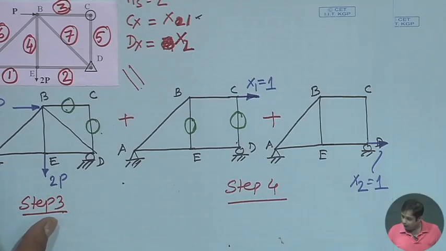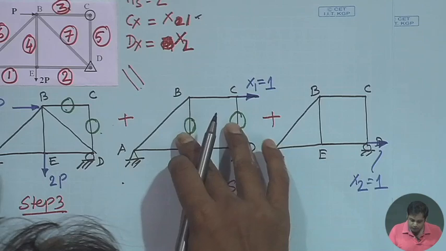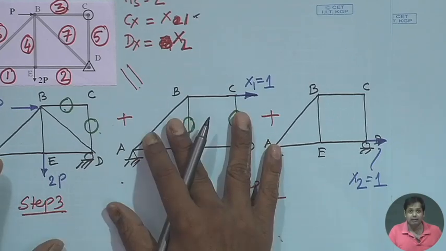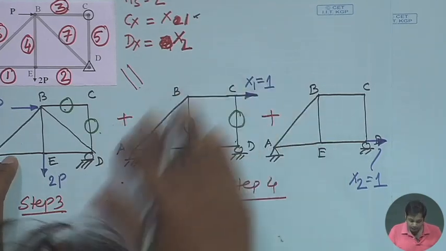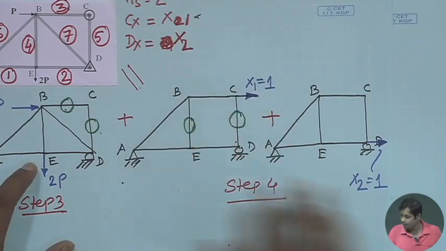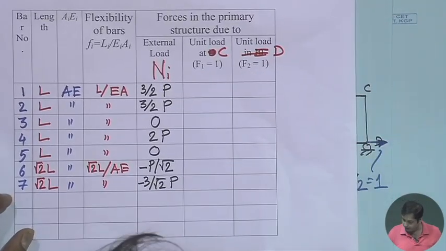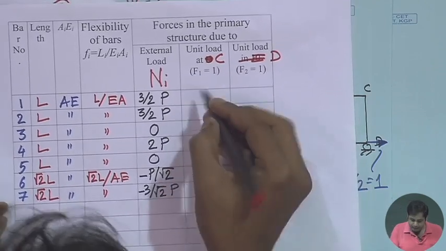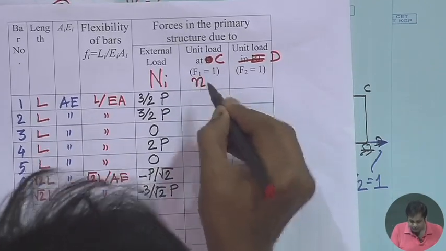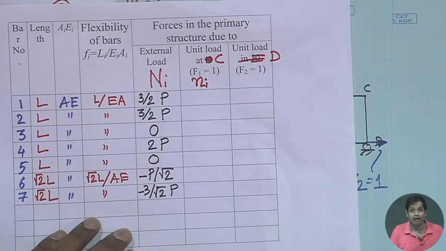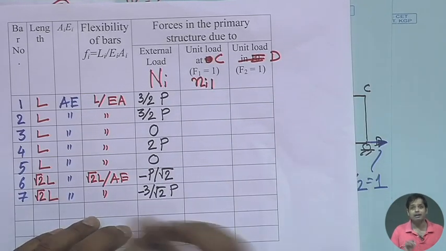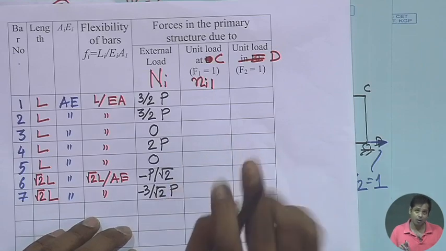Okay. Now, once we know these are zero force members and it is a statically determinate truss, we can compute the forces in other members, and if we do that, I have the forces ready with me. This N1, this is written as Ni, small ni, and then write 1 because it is due to the redundant force 1.